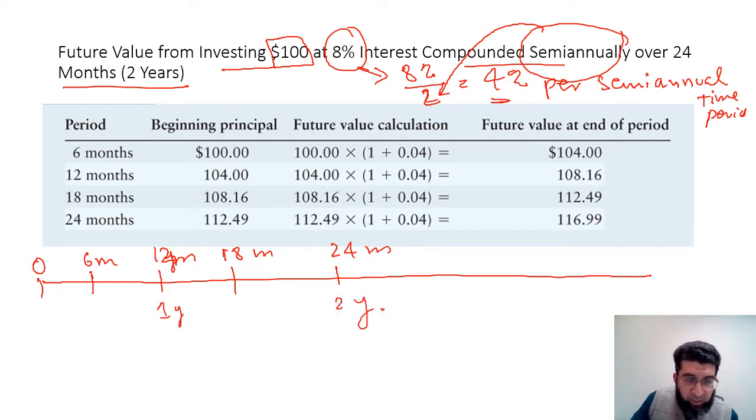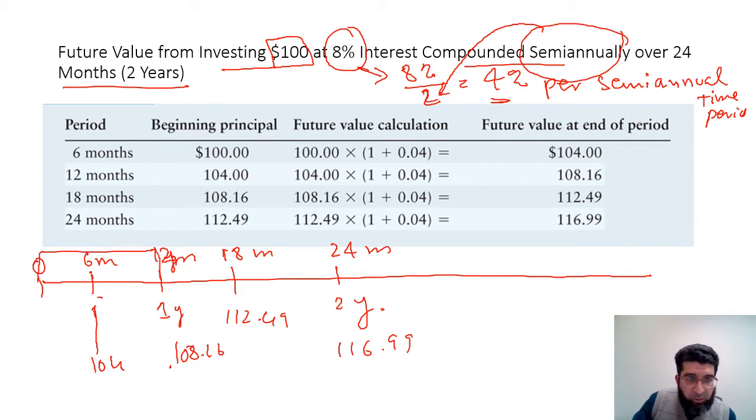It accumulates: at the end of the first 6 months we have 104, then 108.16, then 112.49, and at the end of the second year we have 116.99. So within 1 year we have interest on interest, and here also interest on interest.